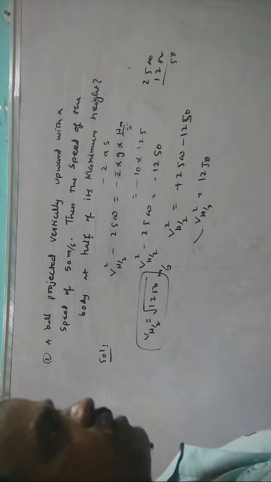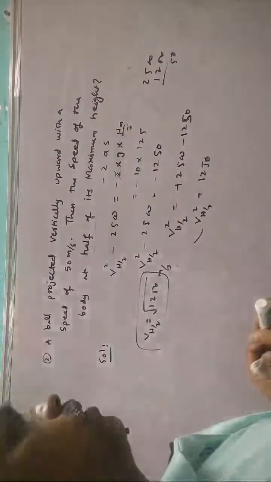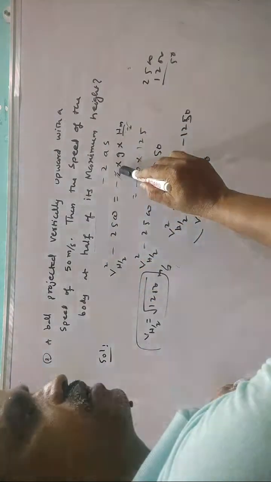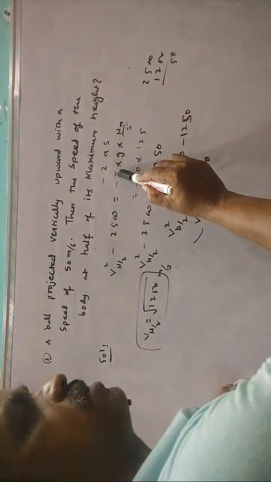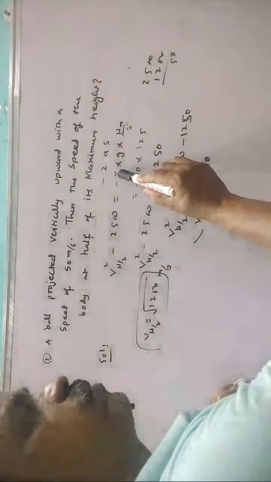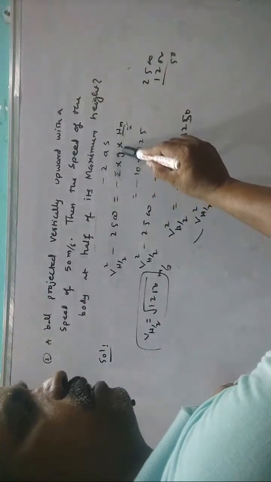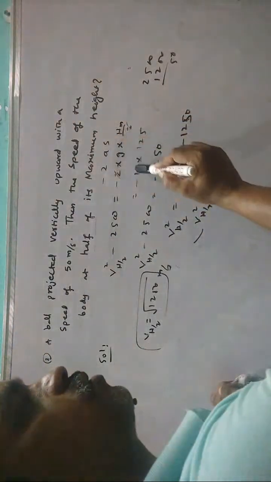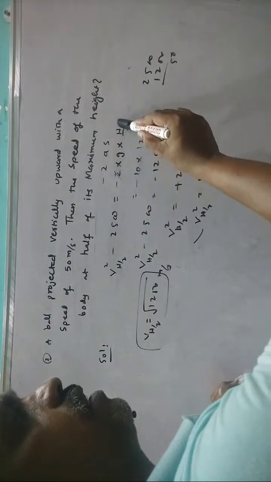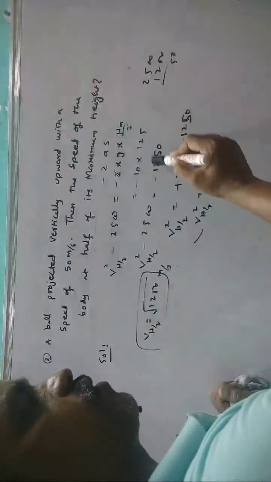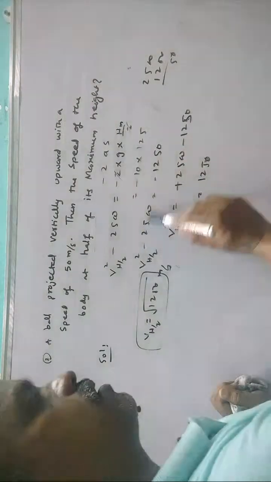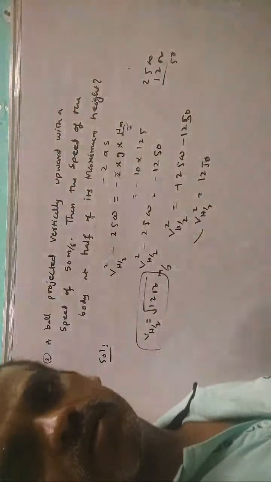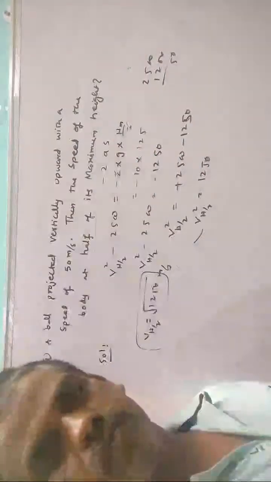What we did: v square minus u square equal to 2as. Instead of 2as I used half here, that is a mistake. So just correct it: minus 2 into a, 2a h maximum by 2, the 2 into half cancels, g equal to 10, h maximum by 2, h maximum 125, 1250. 2500 minus 1250, you will get 35 something meter per second.